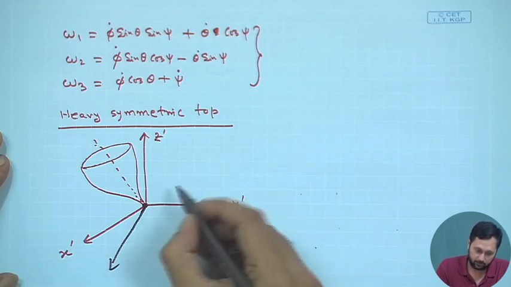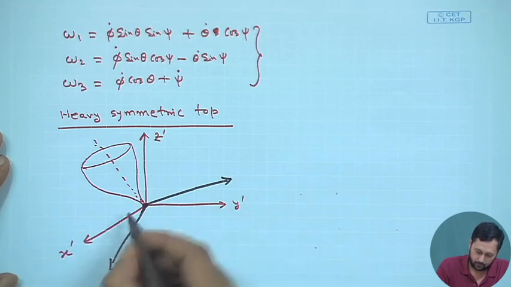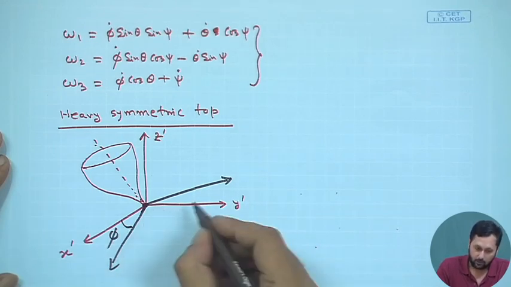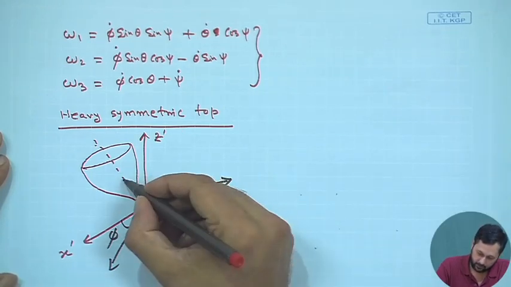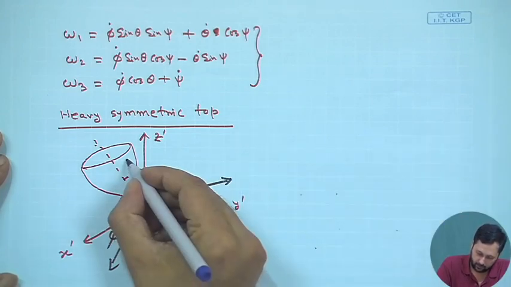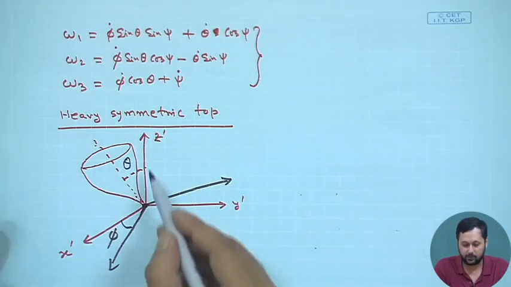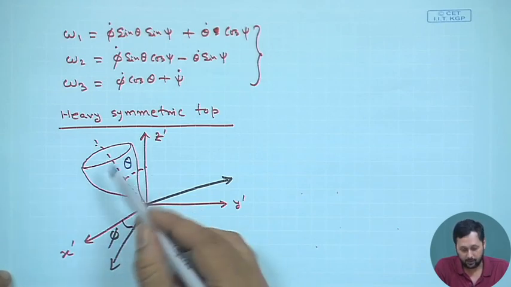So, let us say this is my phi, and this angle is theta.